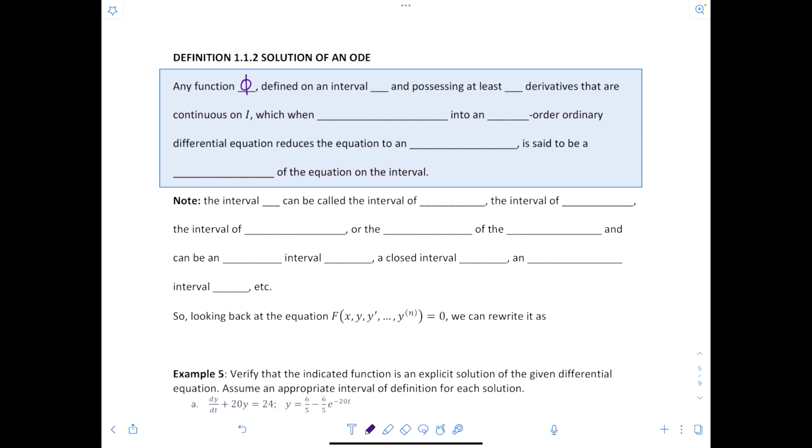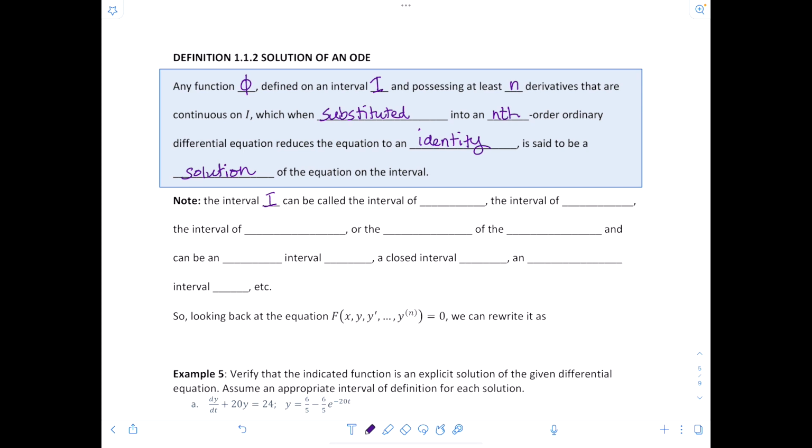Any function phi defined on an interval I and possessing at least n derivatives that are continuous on I, which, when substituted into an nth order ordinary differential equation, reduces the equation to an identity, is said to be a solution of the equation on the interval.